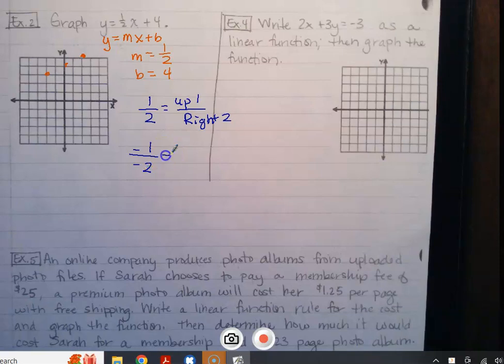But in this case, it would mean down 1 and left 2, which is what we did here. We went down 1 and left 2. We could go down 1 and left 2 again. And then we would have several points on our line, because it should make a straight line. If you have a graph that doesn't make a straight line, you've done something wrong.